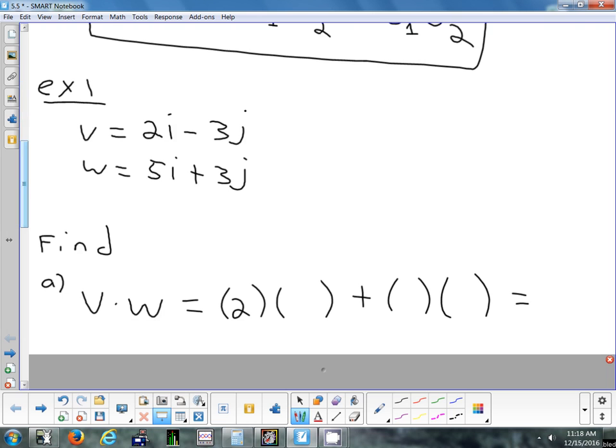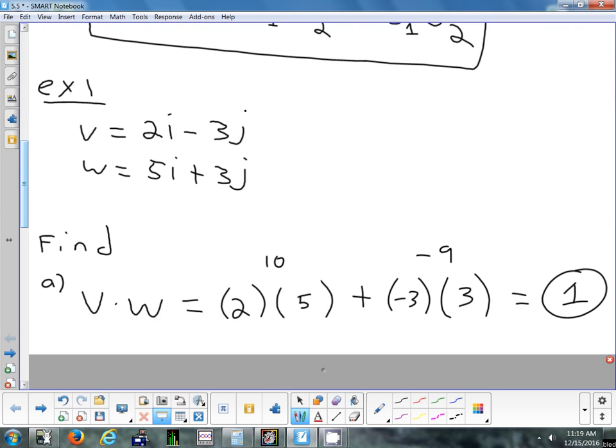And Selenia, how about the second number? 5. Yep. So you're going to multiply the two numbers in front of i, plus now do the two numbers in front of j. If it's a negative, use the negative. Negative 3 times 3. Kate, what's 2 times 5? 10. And negative 3 times 3 is negative 9. So what's the dot product here? 1. So V dot W is 1.